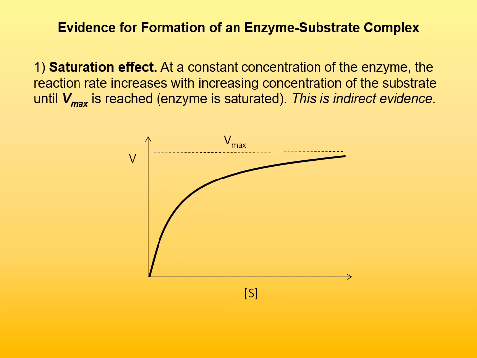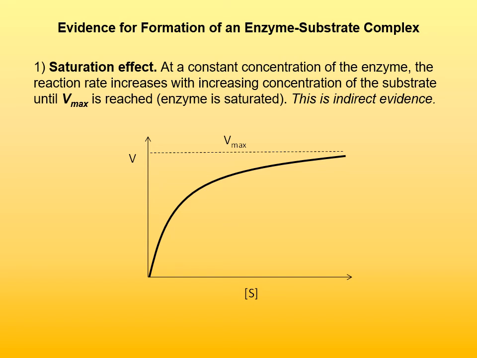First, we should consider saturation effect. At constant concentration of the enzyme, the reaction rate increases with increasing concentration of the substrate until maximum reaction rate Vmax is reached. That means enzyme is saturated. Simply, it means that if we add small amount of substrate, then some of the enzyme reacts to catalyze the reaction, and reaction occurs at a certain rate.